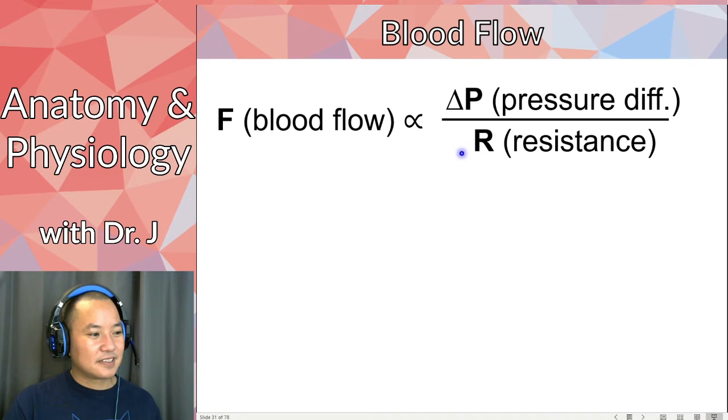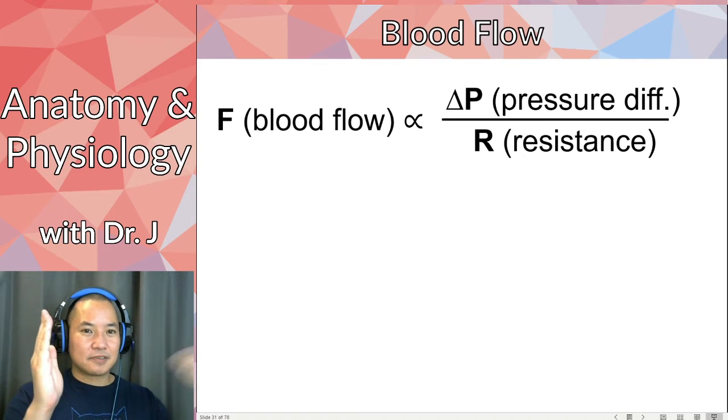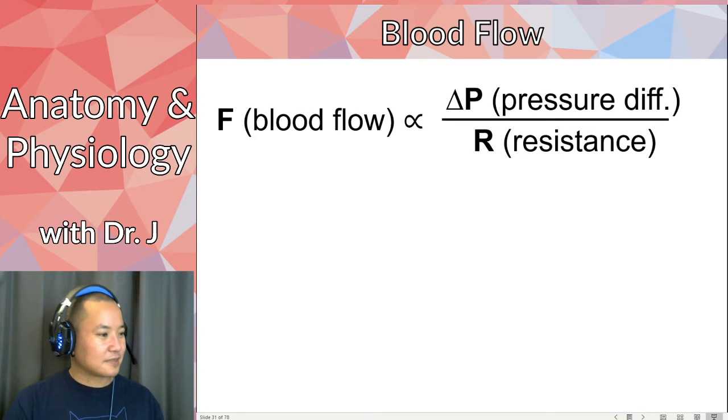So as resistance goes up and gets bigger, that's going to make this overall number smaller. Therefore, as resistance goes up, flow will go down. If resistance goes down, flow will go up. So this is proportional, but this is actually what we call inverse proportional. Inverse proportional means if one goes up, the other goes down, and if the other goes down, then the other one goes up. So that's inverse proportion with resistance.